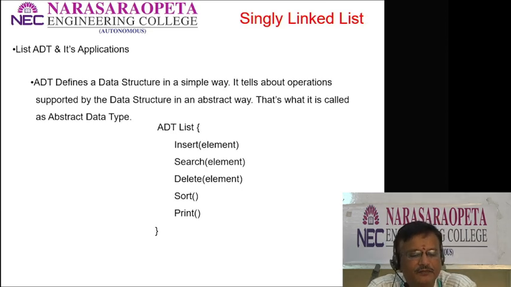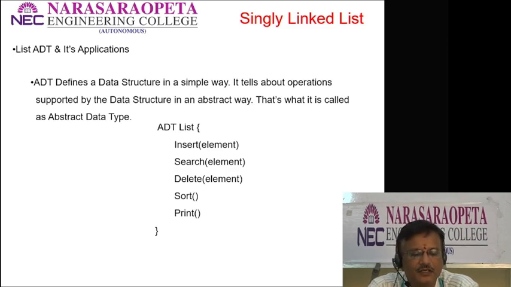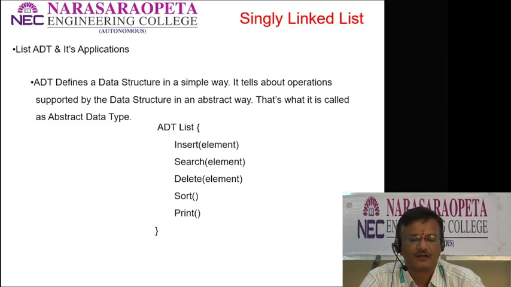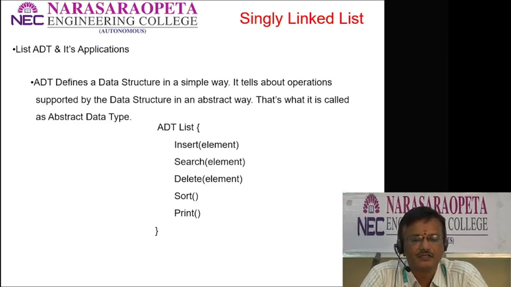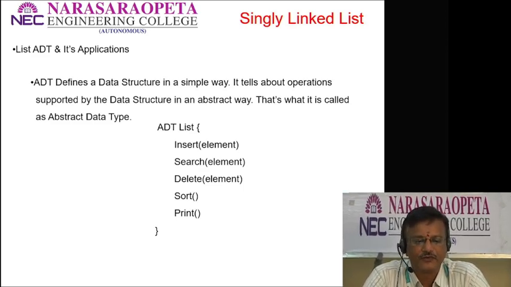For example, if I say ADT dictionary, in the general sense, dictionary means an English dictionary. Generally in an English dictionary, yearly we will add a few words and we search for a specific word. So dictionary is a data structure which must support inserting a new element and searching for an element.